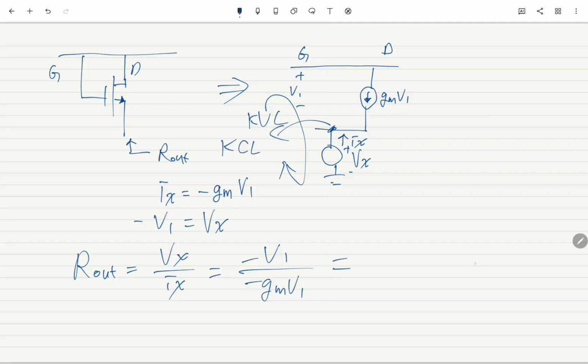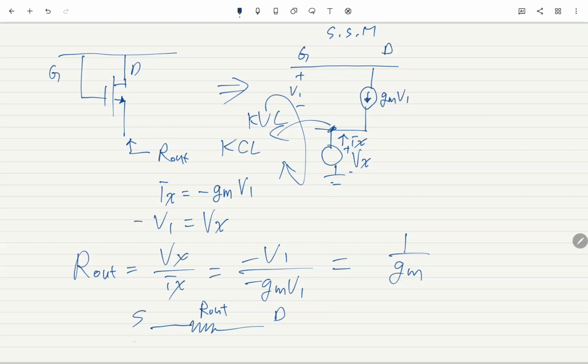So what is the impedance? 1 over gm. Is this a 3-terminal device or a 2-terminal device? If you take a look at the small signal model, it is a 2-terminal device rather than a 3-terminal device, since we are tying the gate and the drain. So let's say here's the source side, here's the drain side.